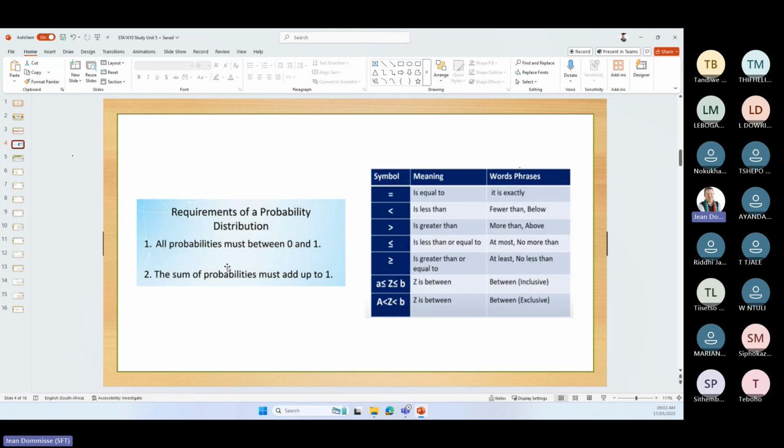I'll show you on the binomial distribution table and the Poisson distribution table how all of those always add to 1.